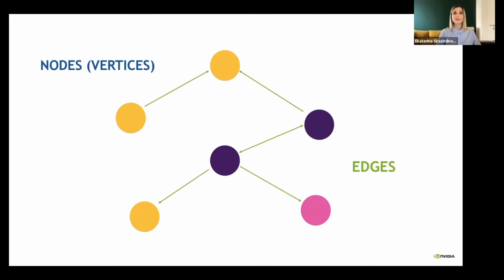The connections between these entities or nodes we usually call edges. Edges can be directed or undirected. On this slide, I'm showing you an example of directed edges. You see that there are arrows from this node to this node, and these are two arrows. This is a bidirected edge.